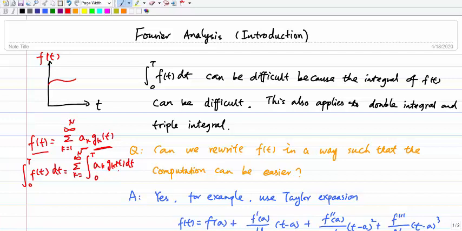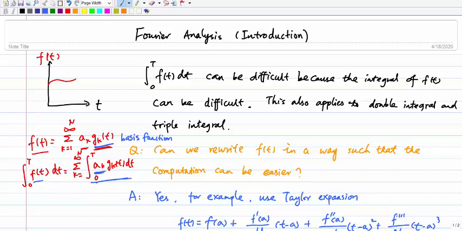The goal is to find the g_k, for k from 1 to infinity or any positive number n, which we call basis functions, such that the integration is very easy to figure out. The only difference for different functions will be the coefficients a_k. So the first problem is, can we write f(t) in a way which can help us compute the integrations or other computations? That's the main idea.